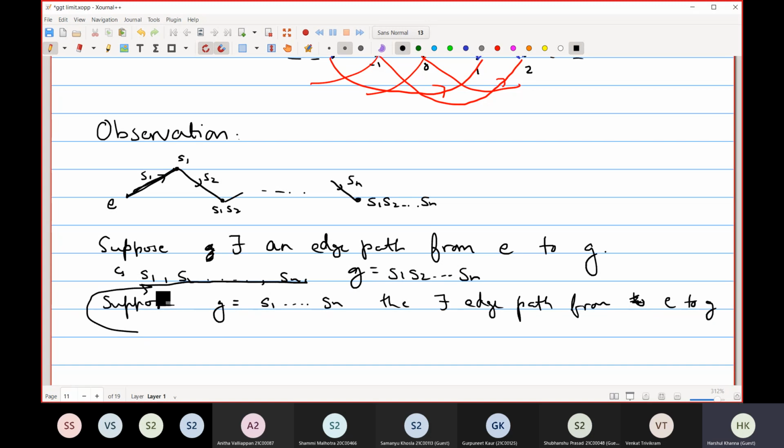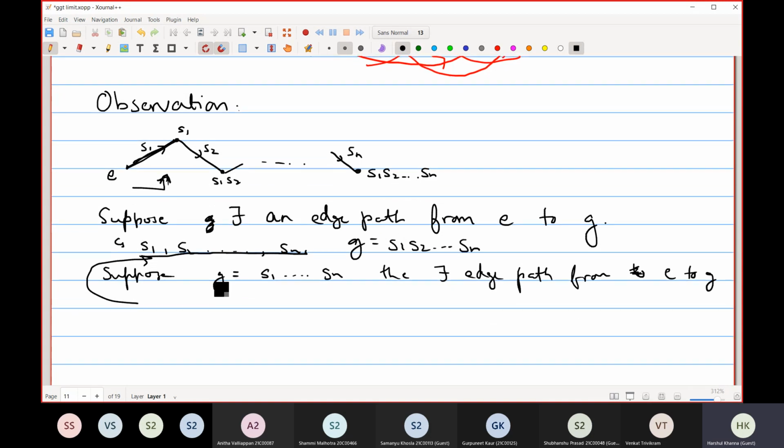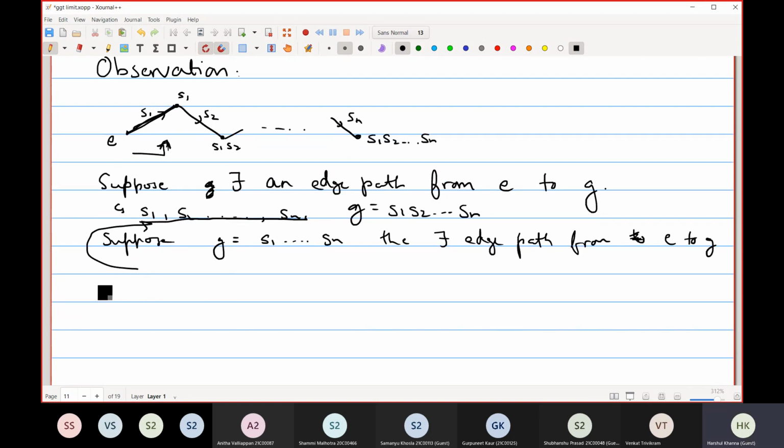These labels occur in this order exactly. So this is just the construction of that edge path. So we observe that for each word of this form, a word in generating elements, there exists an edge path, and for each edge path there exists a word of this form, right?